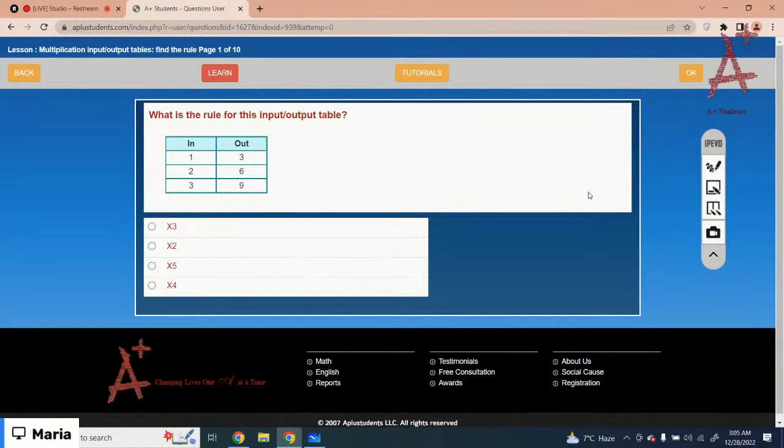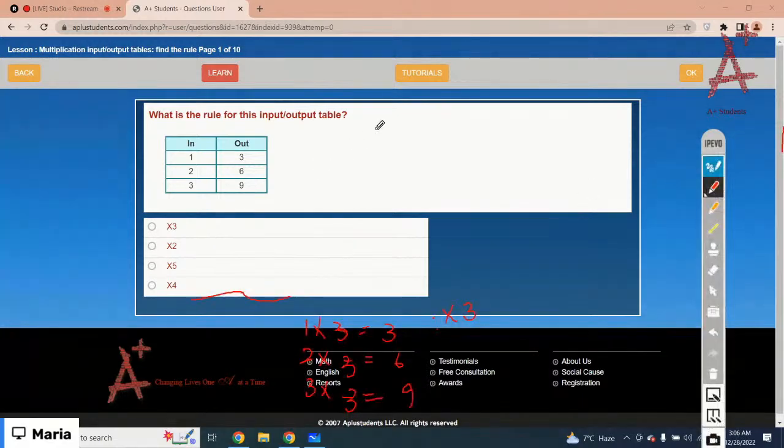So which is the rule then? Yes, it is multiplying by 3. You can check each input value is multiplying by 3 to get the output value. 1 times 3 is 3, 2 times 3 is 6, and 3 times 3 is 9, isn't it? So the correct option is the first one. Just select the correct option, then click on the OK button.